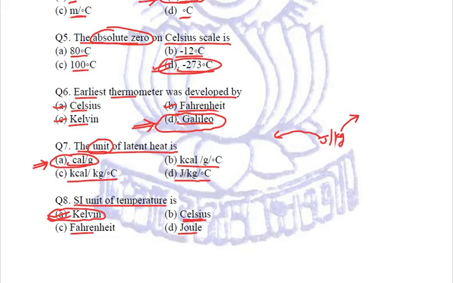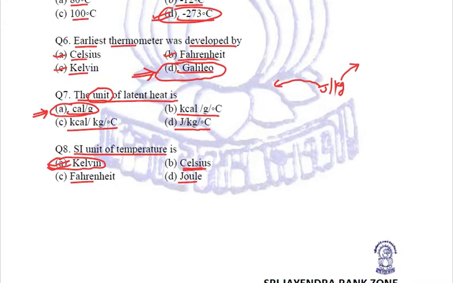Number one thing. Second thing, conversions of Celsius and Kelvin and Fahrenheit scales are important, which I already told you while I was taking the class, that this conversion is very, very important, right? Degree Celsius, degree Fahrenheit and Kelvin scale, you need to know how to interconvert, what is the relation between all these. Okay, so coming to the next question.